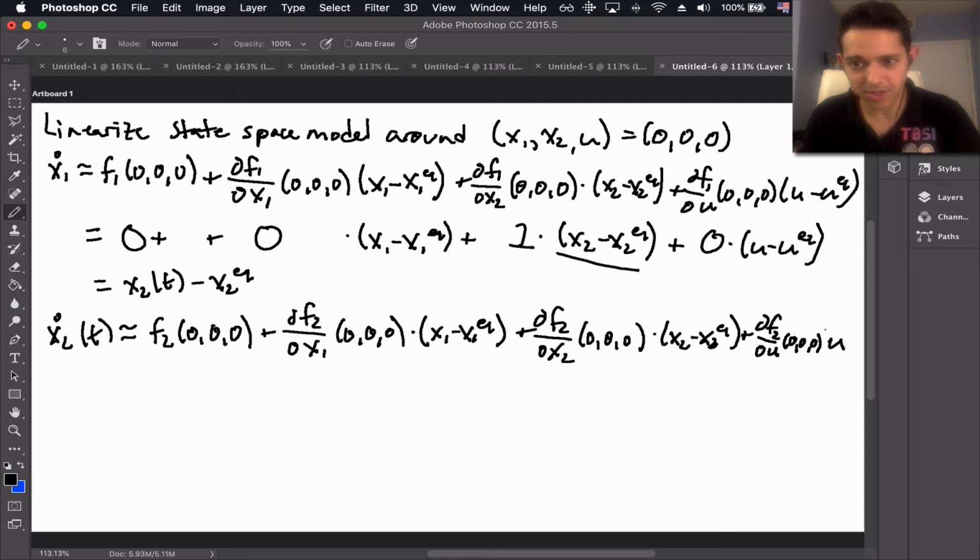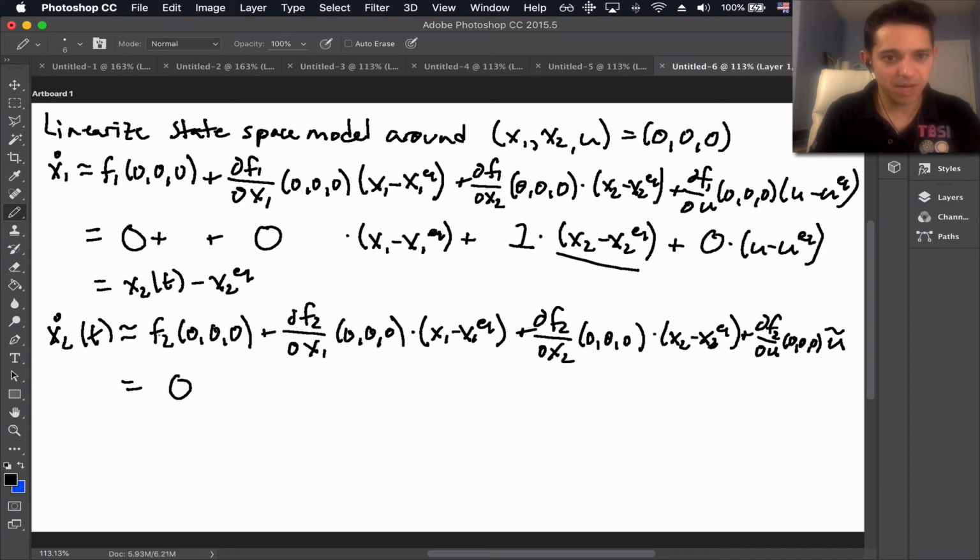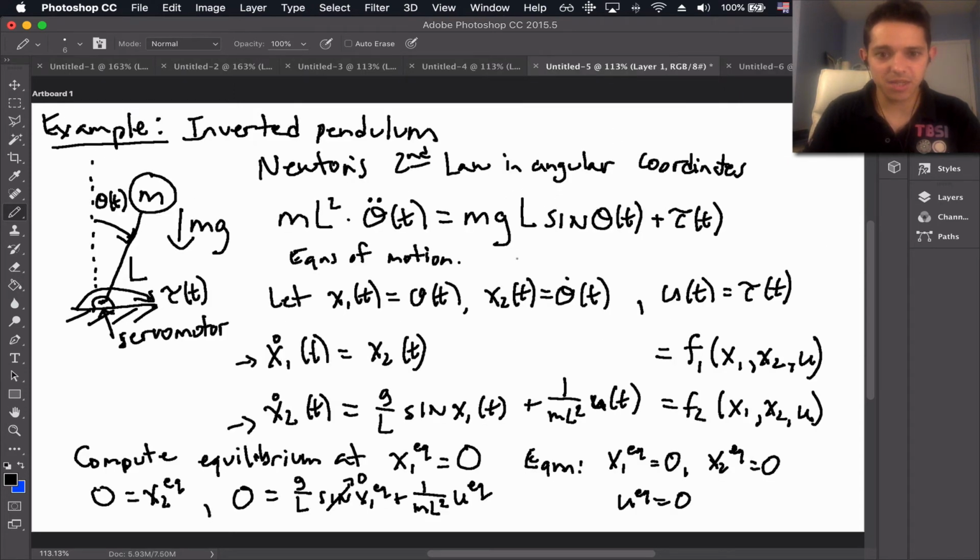This will eventually be u tilde. Okay. So the 0th order term here will be 0 by definition of the equilibrium. The derivative of f2 with respect to x1, let's look at that. All right, so we're focusing now on this term here.